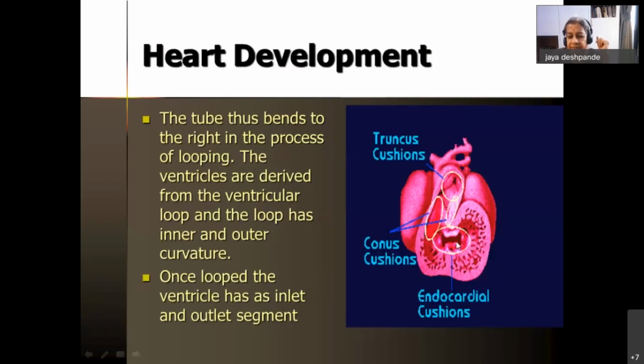This is the atrioventricular canal with the endocardial cushions. Here we have the outflow portion, the bulbus cordis, with cushions again in it. Beyond it is the truncus, again with cushions. So once the straight heart tube loops, it has an inner curvature and an outer curvature.